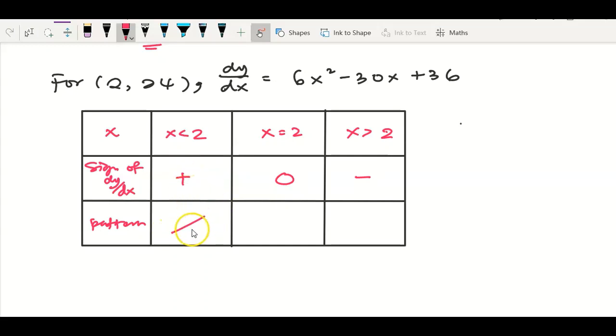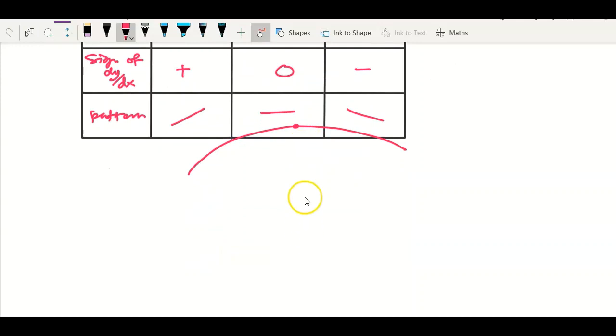Positive means that the y is increasing. 0 means horizontal line, and negative means your graph is decreasing. So from these 3 lines, you can trace your curve. Very obviously, you will see that when x equals 2, this will be the relative maximum. You can make your conclusion that (2, 2, 4) is a relative maximum.